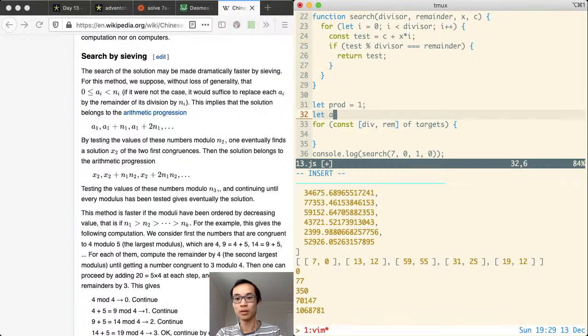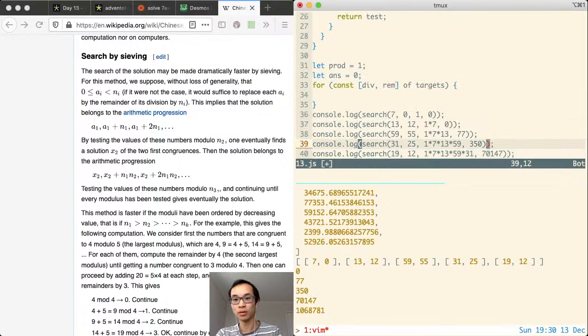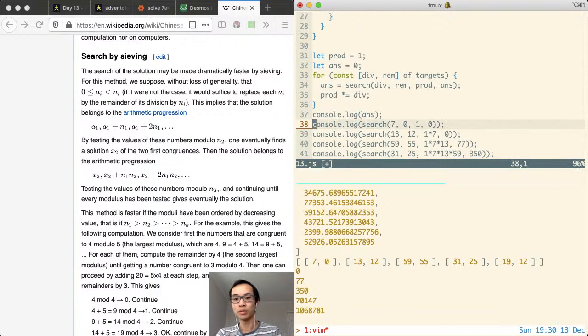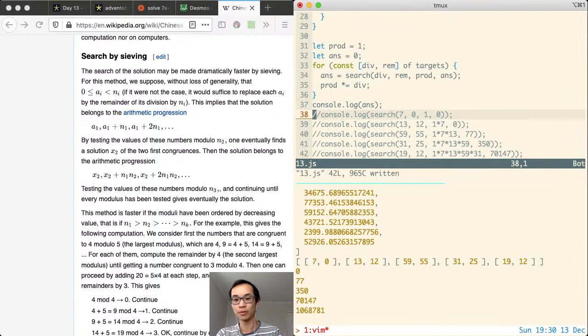Let answer equals 0. Answer equals search div rem prod answer. Prod times equals div. console.log answer. Seems to be the loop that we've built here.